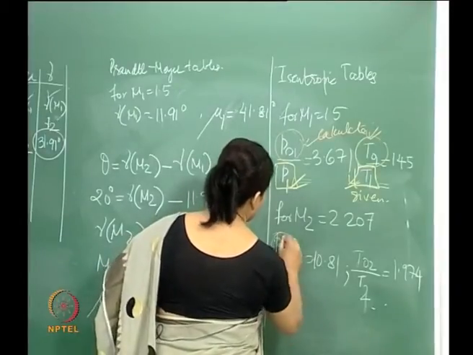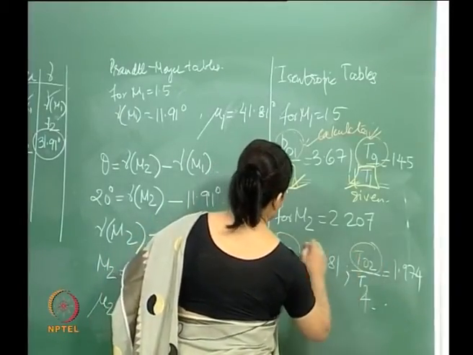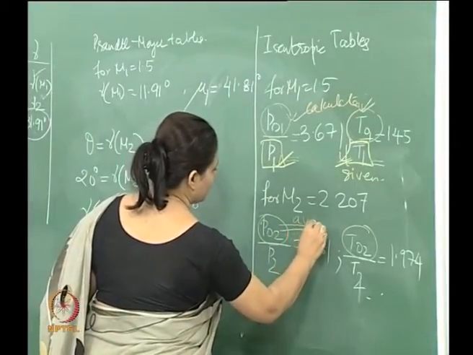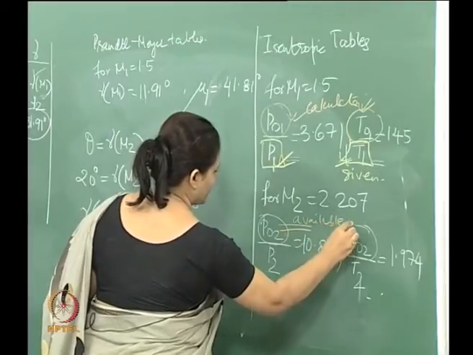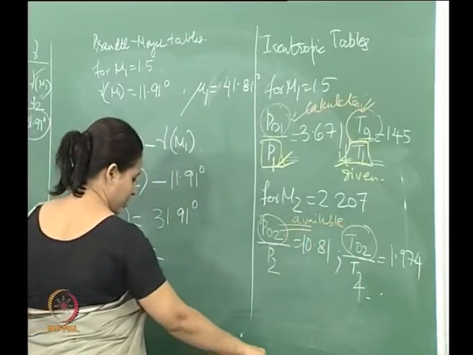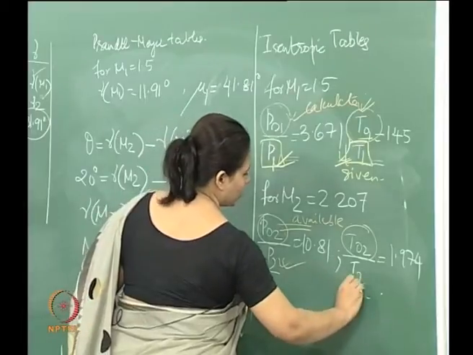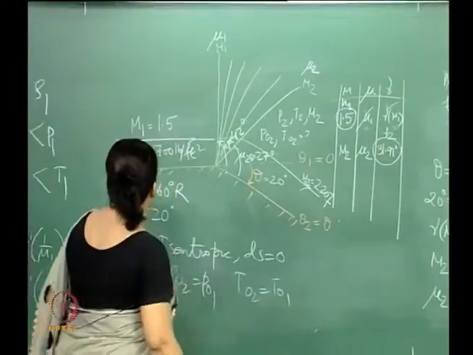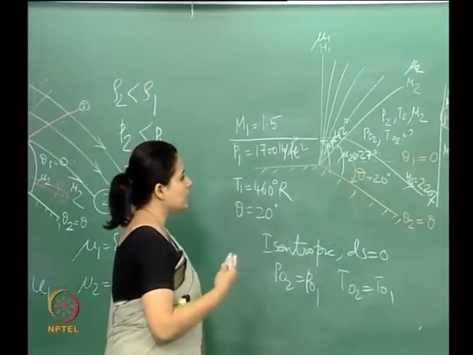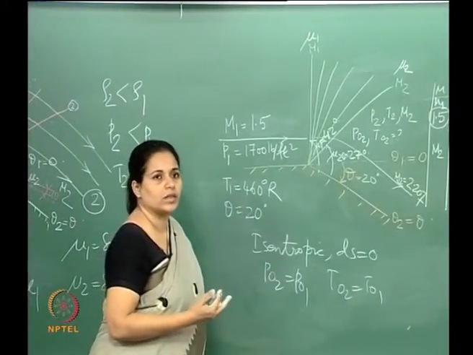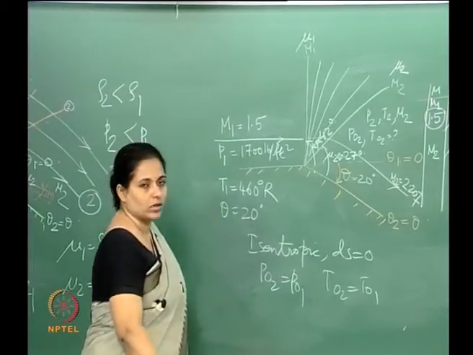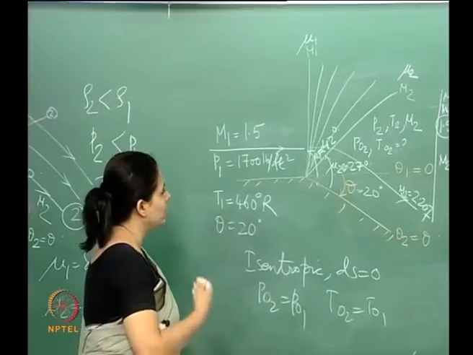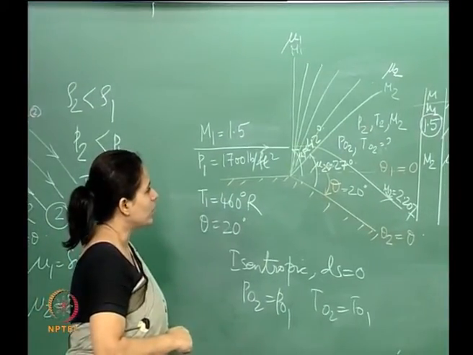So, you evaluate these two values. That is how we go about calculating the properties across an expansion wave. Just use the Prandtl-Meyer tables and calculate the property change.